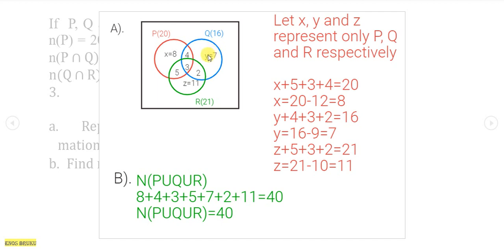The one here is also Q only. The one here is R only. So we represent those spaces with X, Y, Z, and then we have to find them.